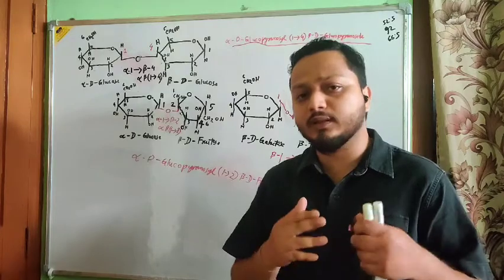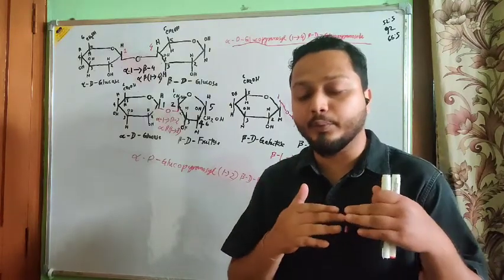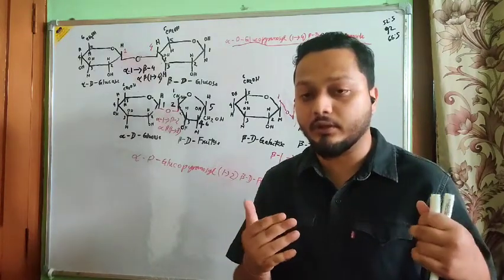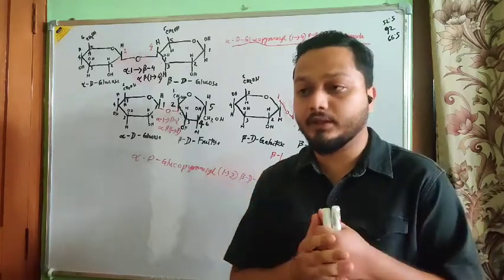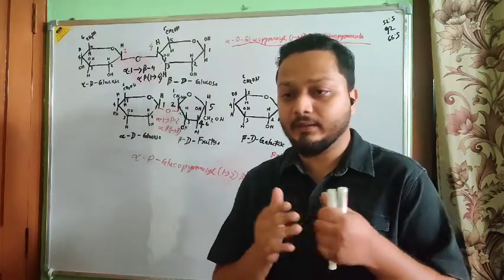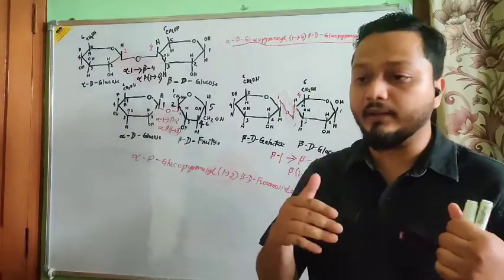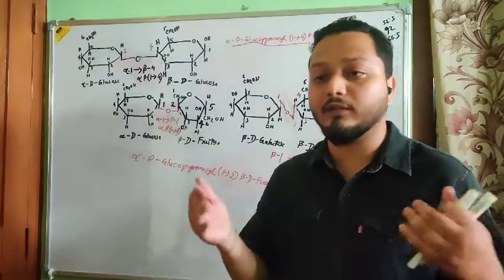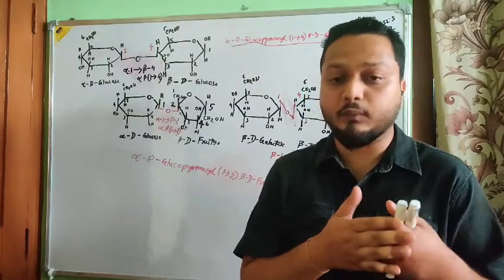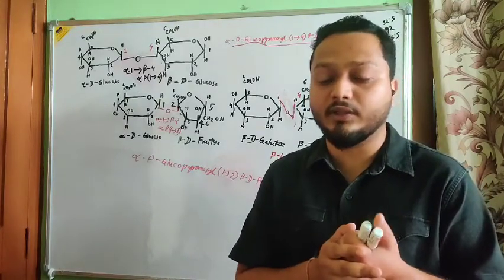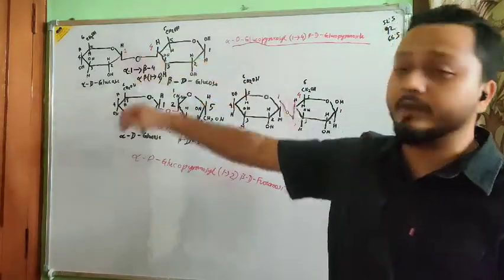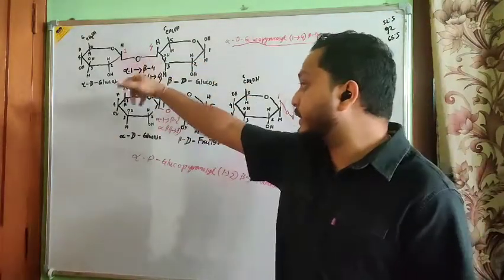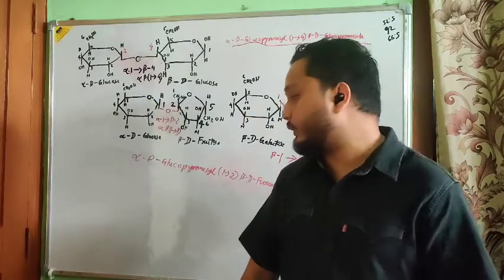Now, maltose is mostly used in brewing industry for fermentation of barley, fermentation of paddy, like this. Therefore, it is also known as malt sugar, as it is used for malting or fermentation. It is largely used in brewing industry. This is one important use of maltose.